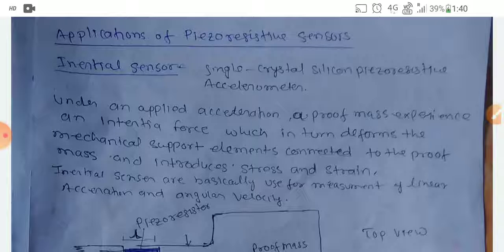A piezoresistive sensor is defined as a change of resistance of a semiconductor from applied mechanical force. That means the piezoresistive elements are sensitive to the stress induced by deformation of the microstructure.